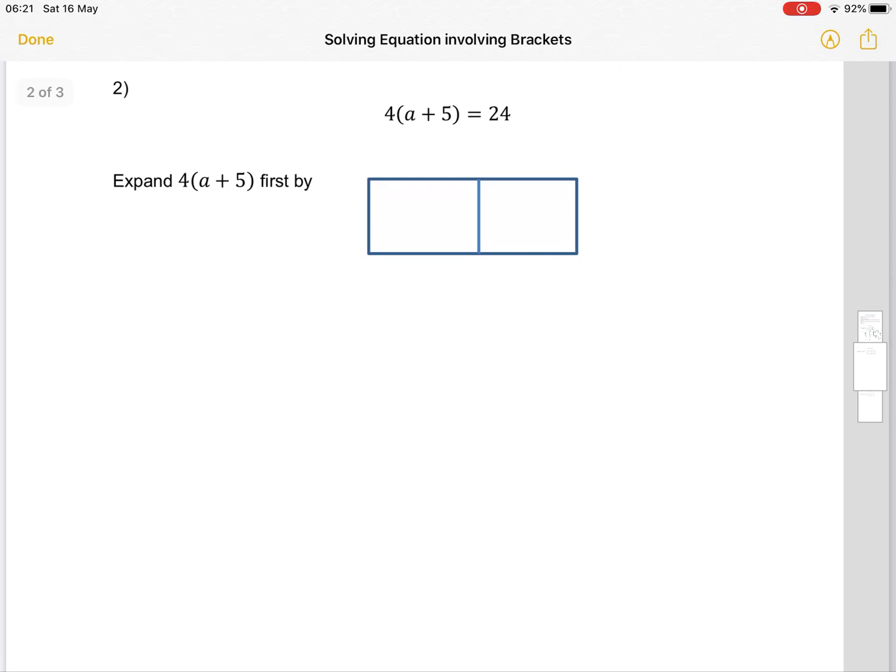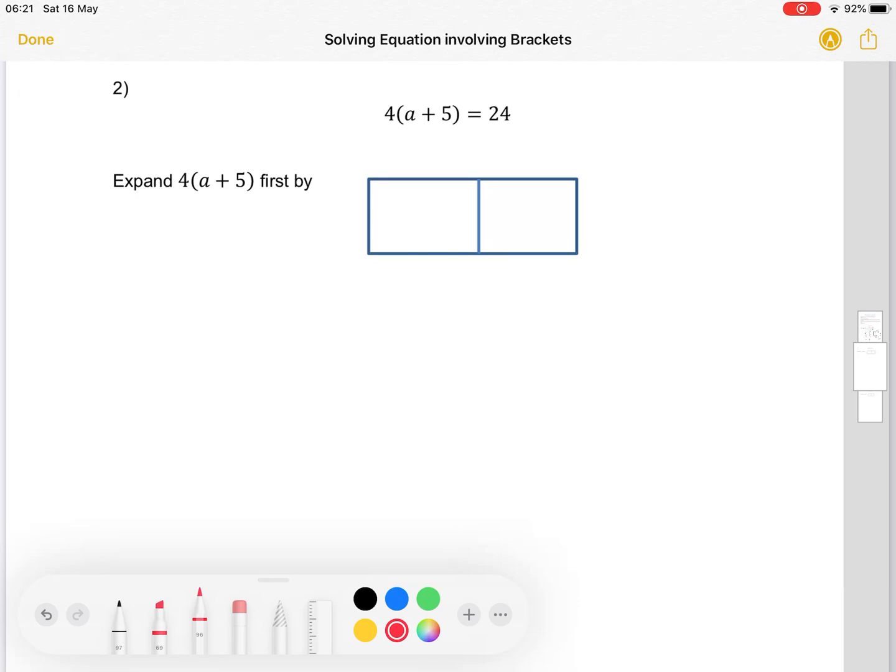The second one. 4 into a plus 5, I'm going to solve this, is equal to 24. First, we need to expand 4 into a plus 5. So again, since in the brackets there are 2 terms, I need to split the rectangle into 2 parts.